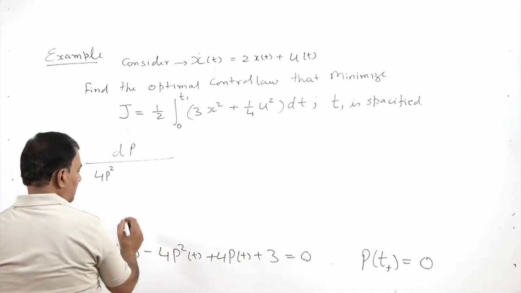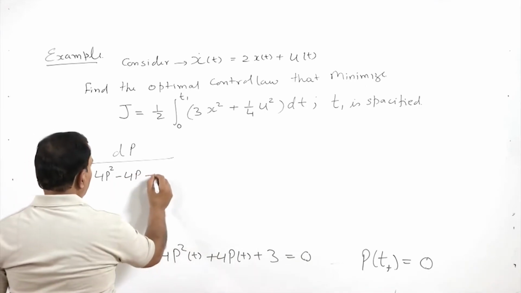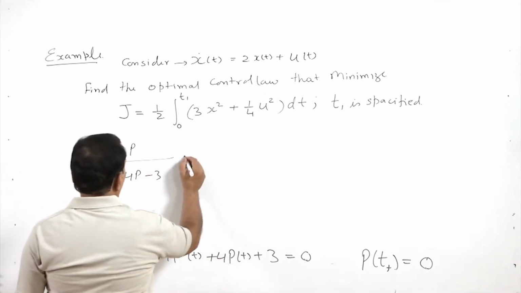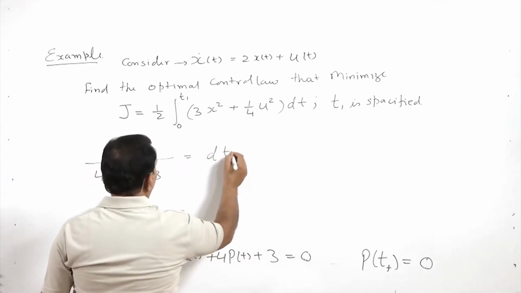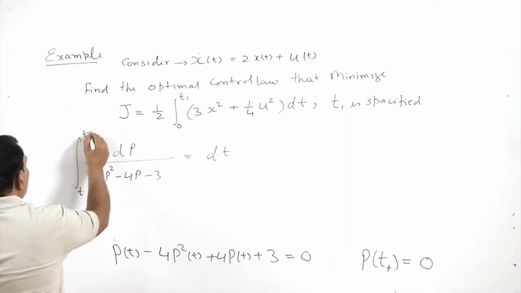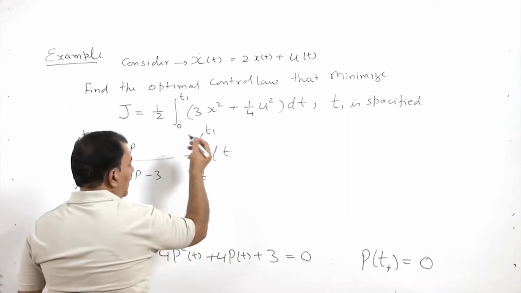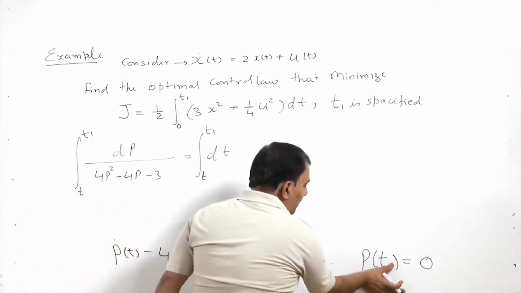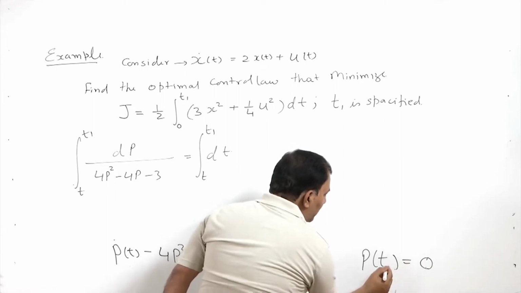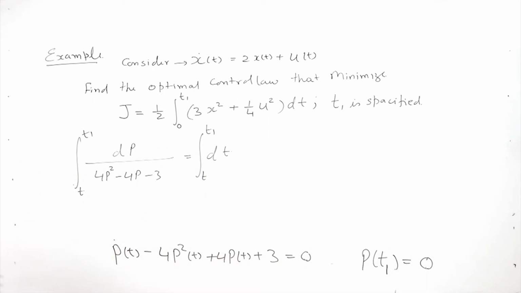This I will integrate from t to t1, where t1 is the final time. So, I can write P of t1 as 0, because F we have taken as 0 at t1.